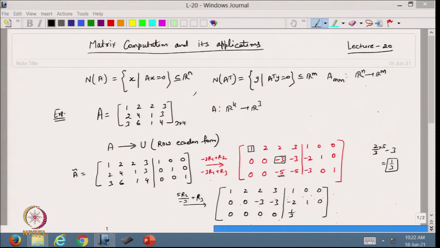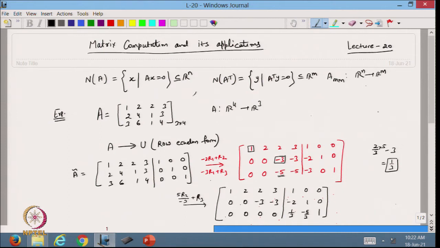Then I am taking the 1, so it will be minus 5 by 3 and this is 1. Now you can see from here that this is the echelon form.